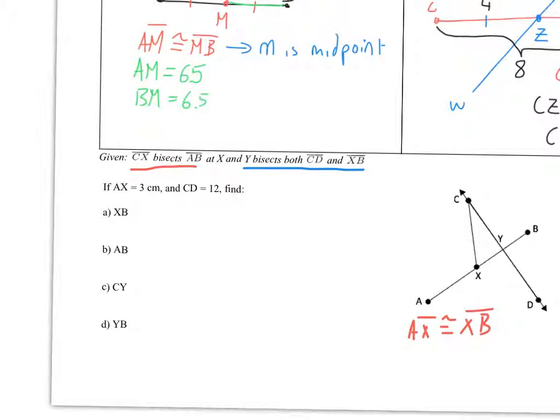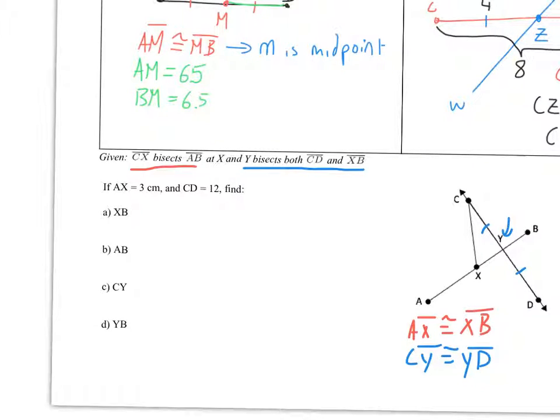Y bisects both CD and XB. So we have a point Y. We said it bisects CD. That means that CY is congruent to YD. It's really helpful to write down things as you notice them, so if you have to use them later, you have access to those. Okay, so I'm also going to mark that on here as those two are congruent.